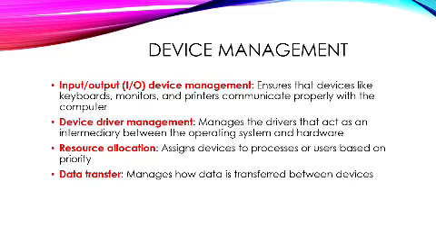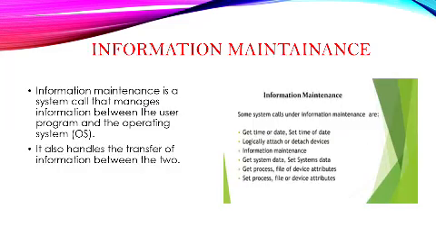Next, information maintenance. Information maintenance is a system call that manages information between user, program, and OS. Managing the system information like time, date, and memory usage, and transferring the data between user and the OS, and also handling many error messages and logs.